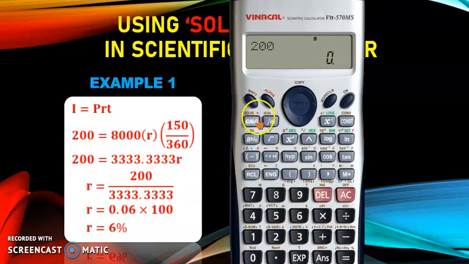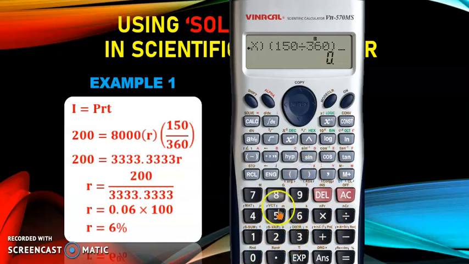We must use this one, not that one. Since it is red, you press alpha equal. Then 8000, multiply, open bracket. We want to find the value R, so for the unknown value we use the red X: alpha X, close bracket, multiply by 150 divided by 360, close bracket.